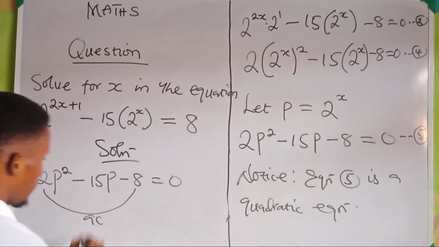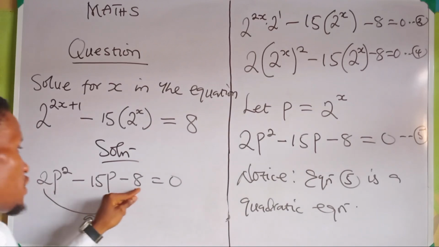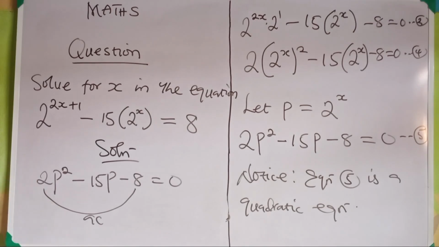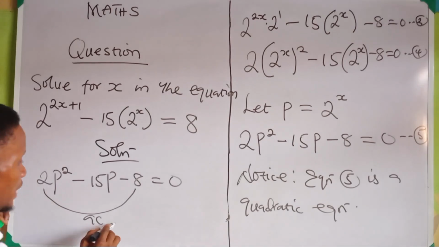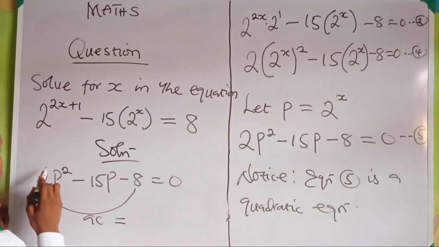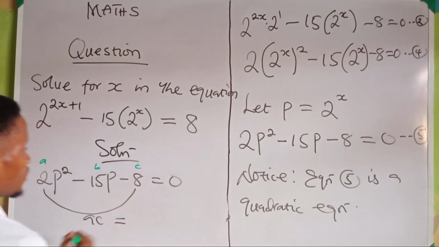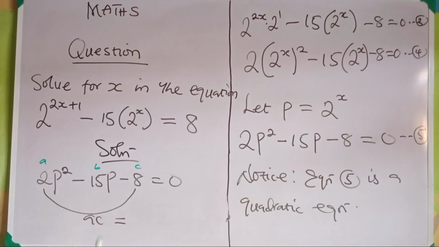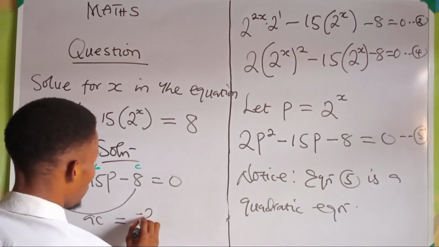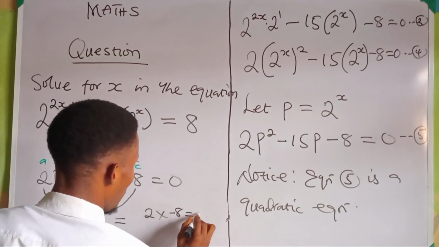We have AC here, in the sense that here is A, B, C, which represent the coefficients. So we'll find a number using AC, which is A multiplied by C: 2 multiplied by minus 8, which is minus 16.